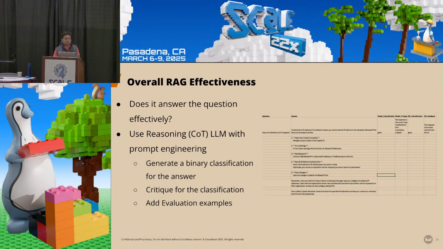You can also go a bit fancier with the classification, but it's easier to just start with something small, like, okay, maybe the answer is good or not. And also it's really important that you have some reasoning for the classification.